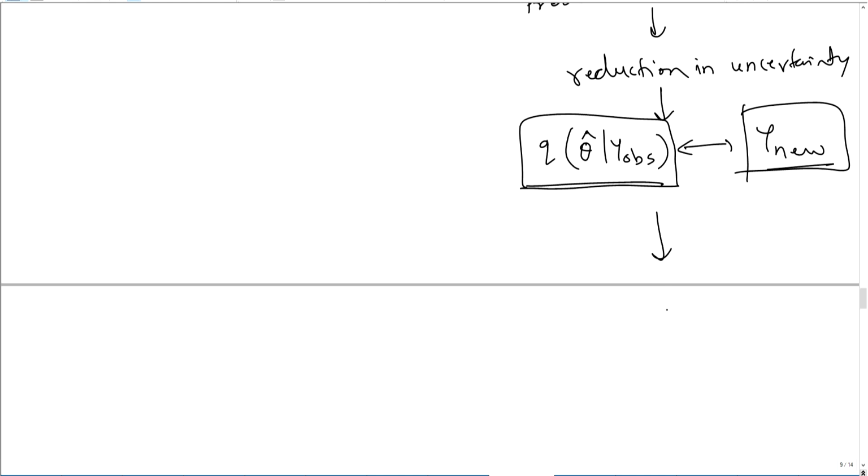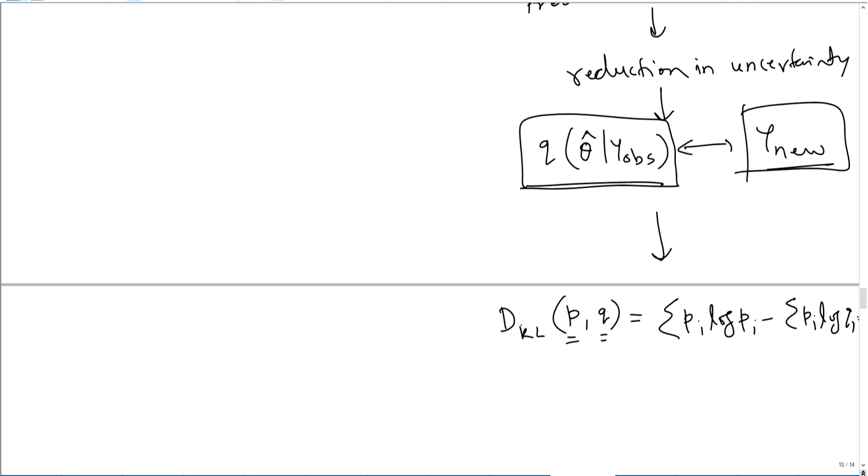So let's say you want to measure how much uncertainty is reduced when you try to predict a distribution P using a distribution Q. Both P and Q are probability distributions with associated probability mass functions. So this is given by summation of Pi log Pi minus summation of Pi log Qi.